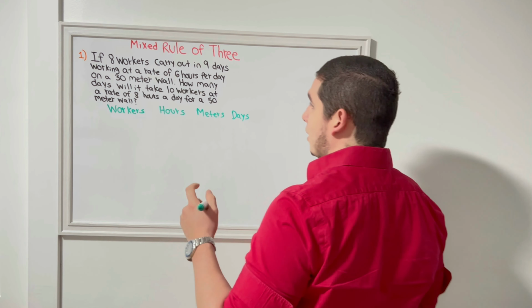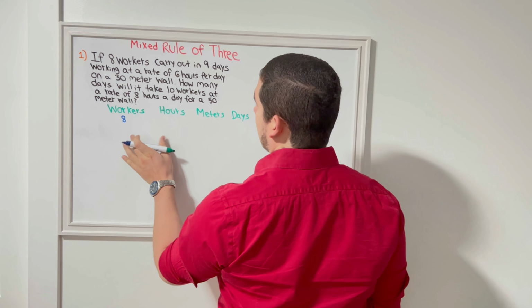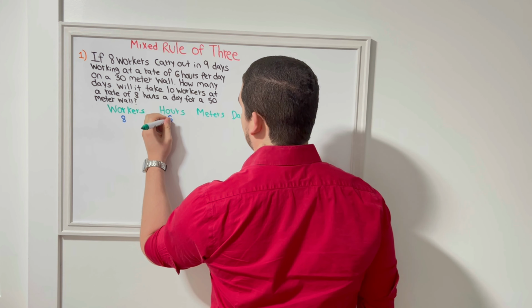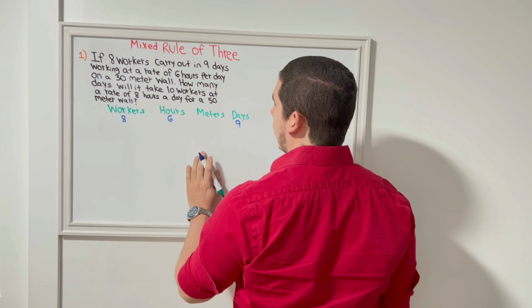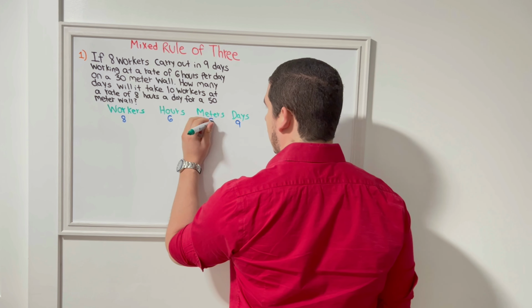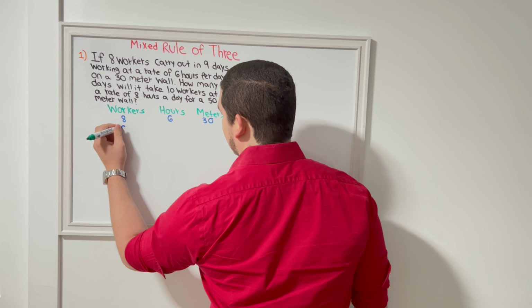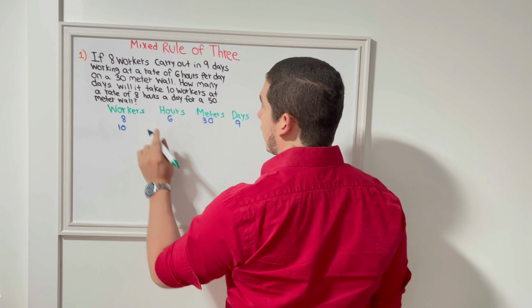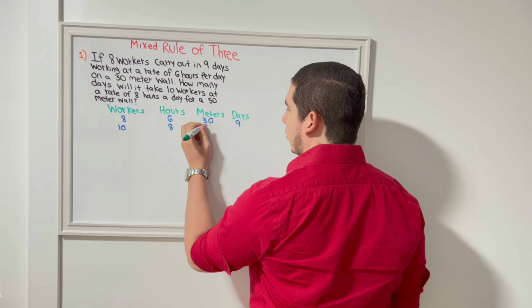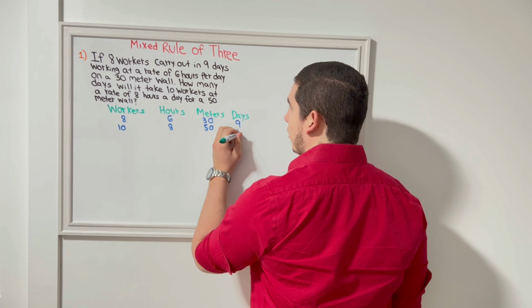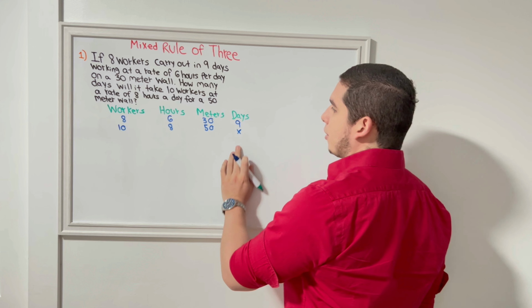The problem says that 8 workers work 6 hours, 9 days on a 30-meter wall. How many days will it take 10 workers at the rate of 8 hours on a 50-meter wall? We want to know how many days, therefore I will write the X here.